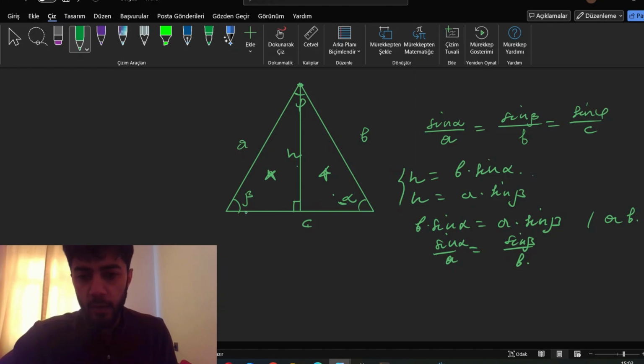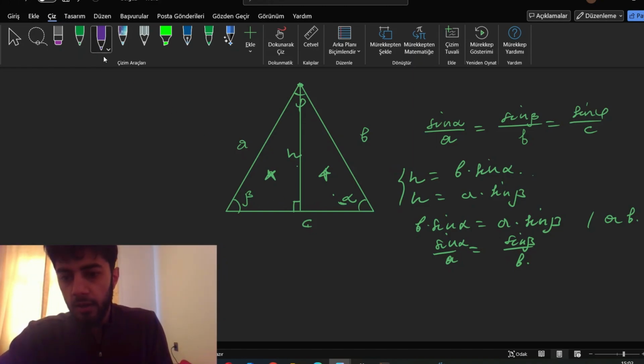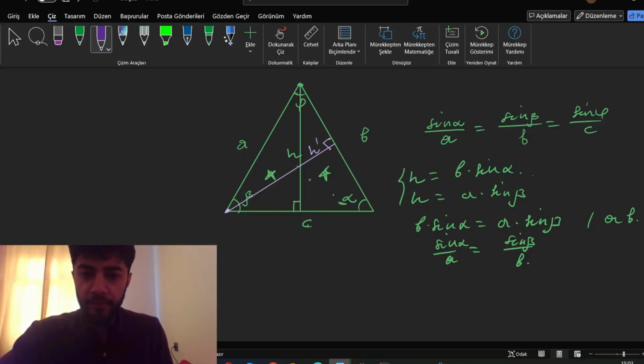Let's get to another one. Let me change the color and take this point, draw a height to the side b, and call it h prime.